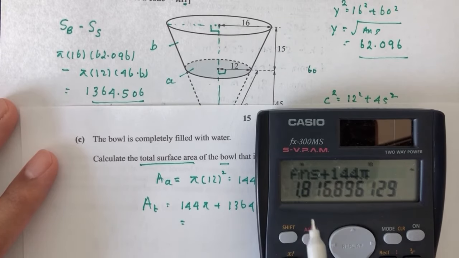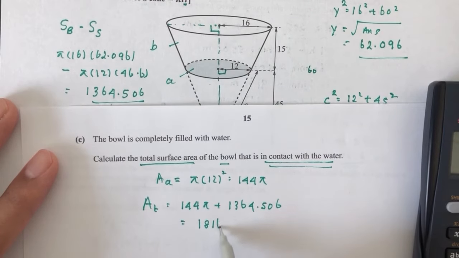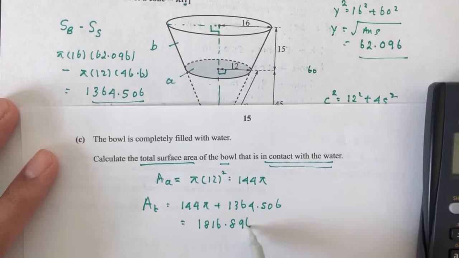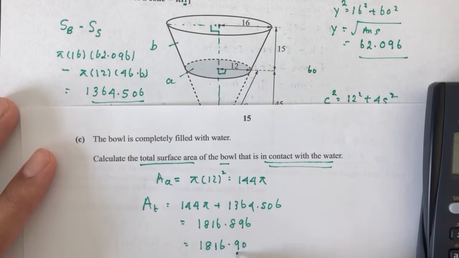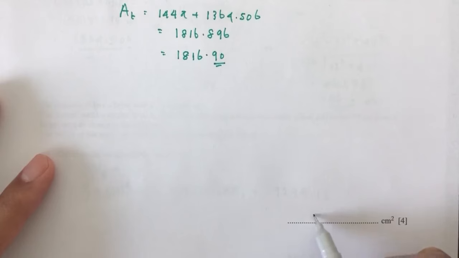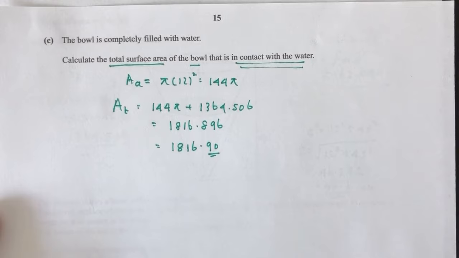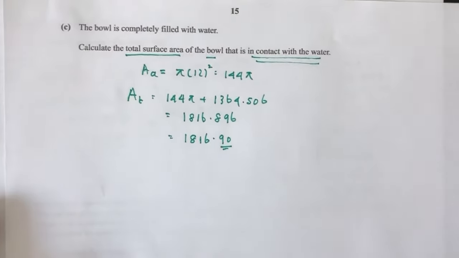That will be 1816.896. I will write my answer correct to two decimal places. So your answer will be 1816.90 centimeters squared for the area that is in contact with the bowl. And that is question number 8.